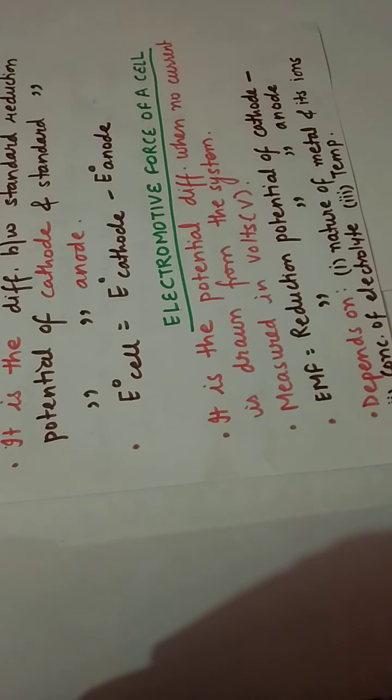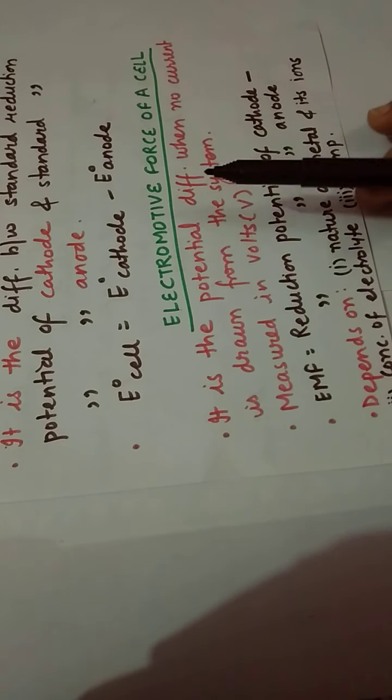It is the potential difference when no current is drawn from the system. If we have a cell with two half cells, and a potential difference has developed between them, and at that time we are not drawing any current from the cell, then that is known as the EMF of a cell.